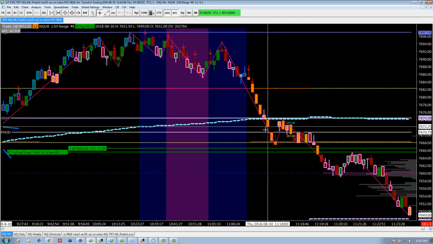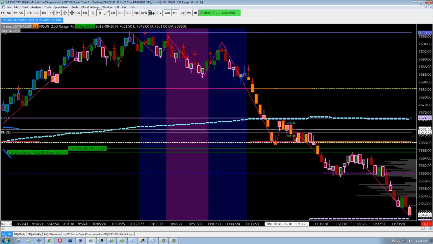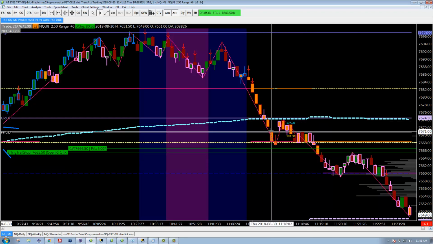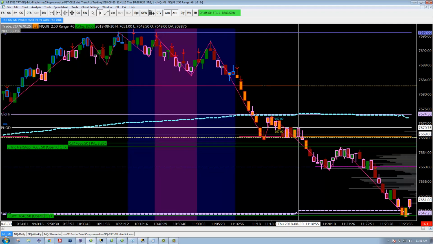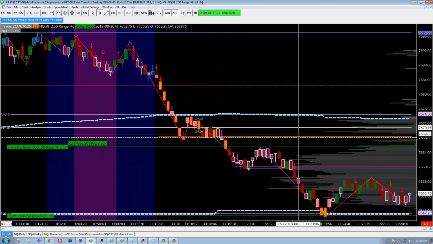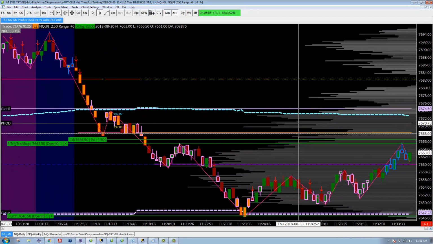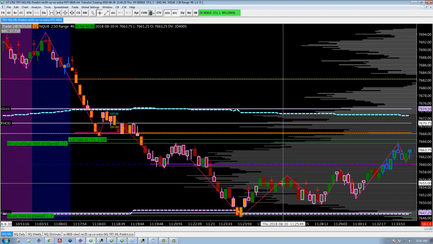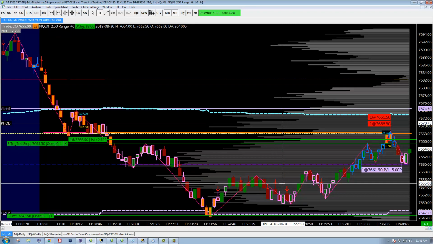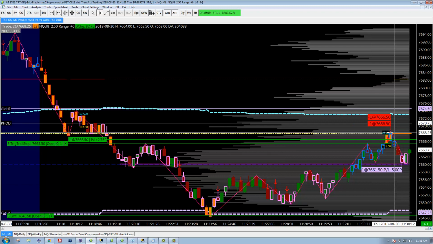You can see all these gaps between these bars, it got really wild and crazy. The test of that level failed, right? It fell through, and then it kept falling all the way down to the value area low, right down here. And now we've climbed back up to not quite the value area high. There's a low volume node there, which is why we're able to take that trade.